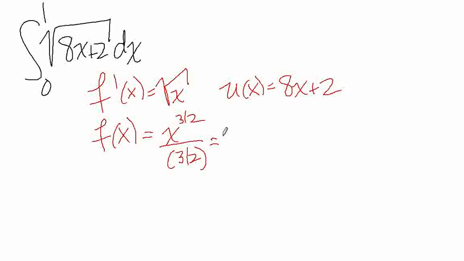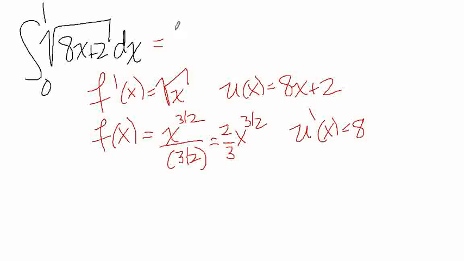And I can rewrite that as 2/3 x to the 3/2. And u prime of x is 8. And this is one of those examples where I need to multiply and divide by some coefficients to make it fit the pattern.